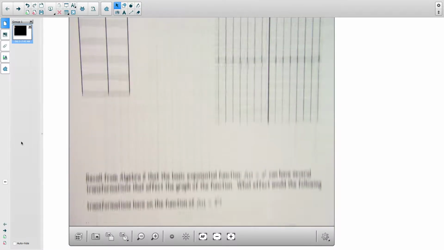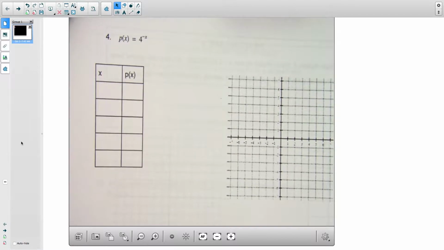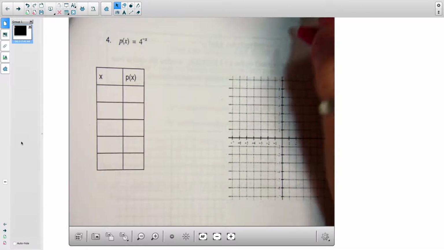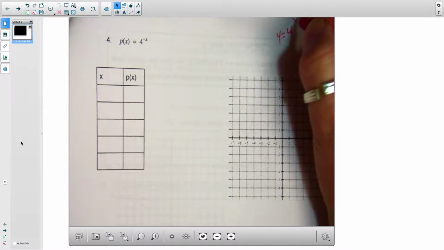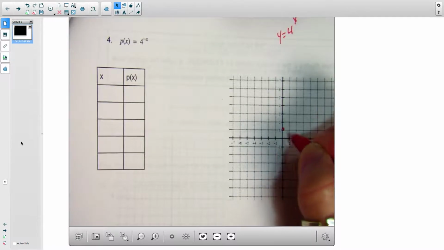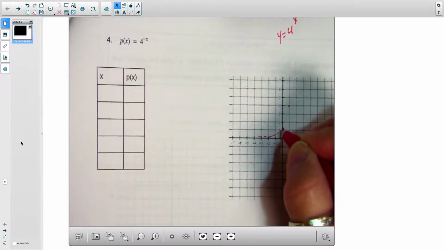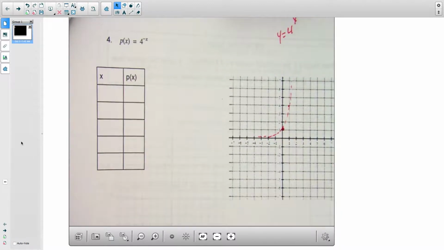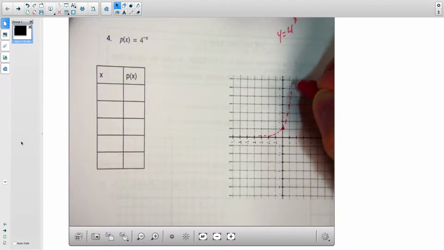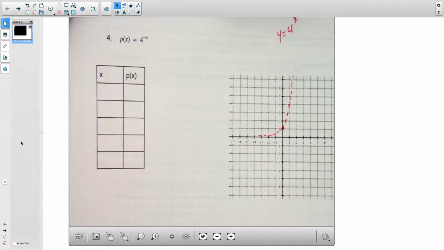Do you think you could graph the next one without making a t-chart? Well, we just had the 4 to the positive x. So if it's a negative x, what did we just talk about?